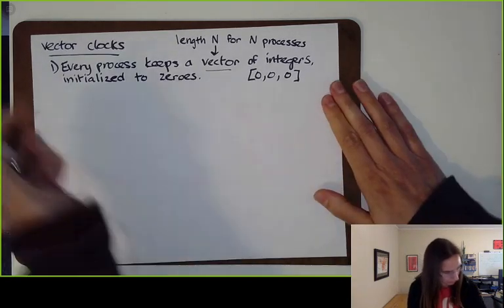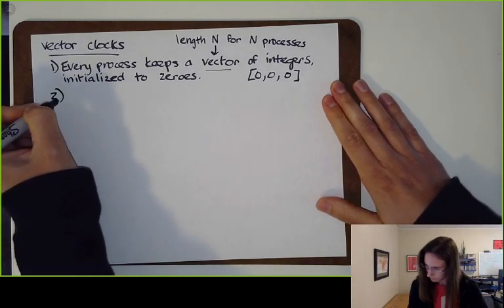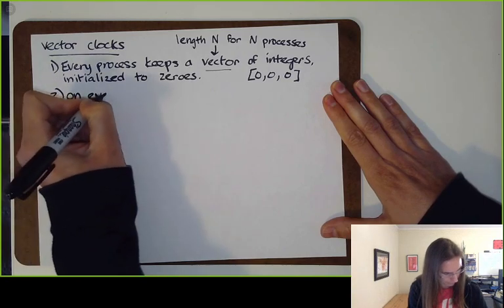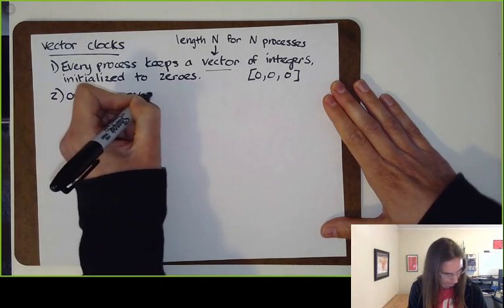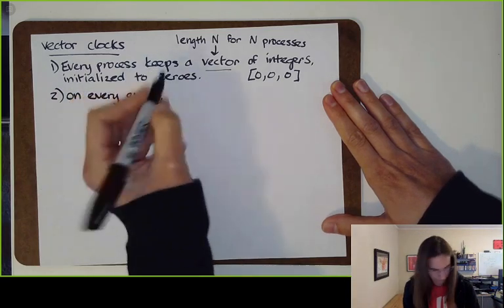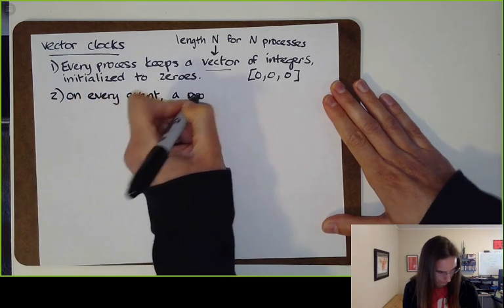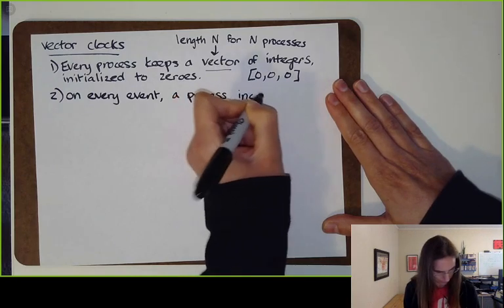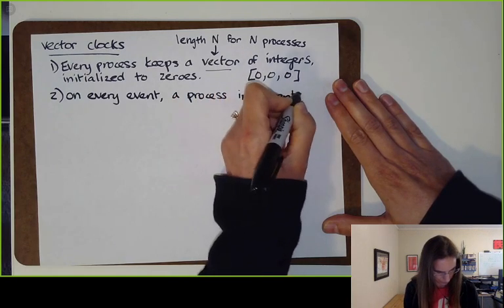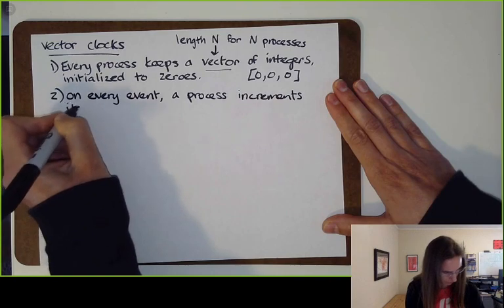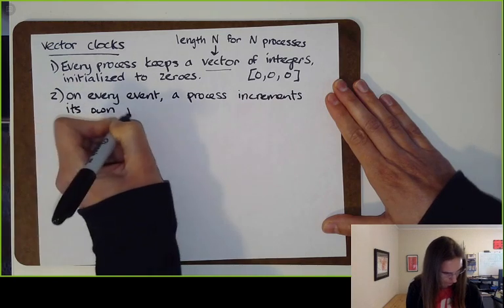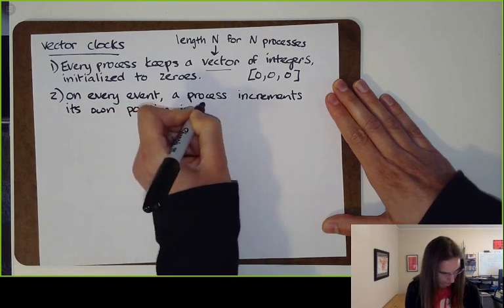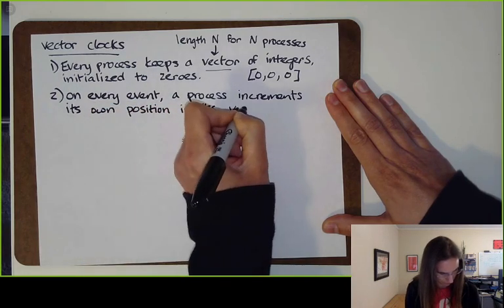So next part of the definition. On every event, a process increments its own position in its vector clock.